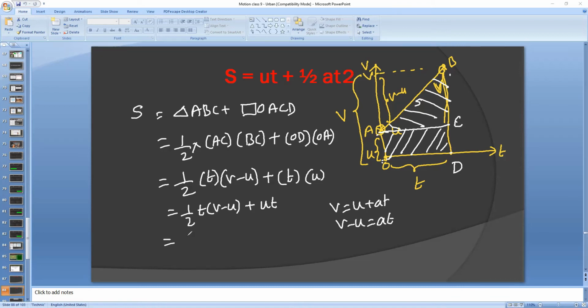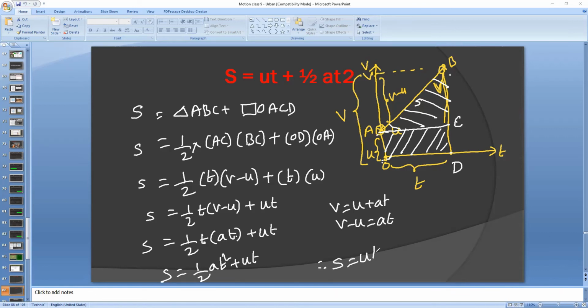Substitute in place of v − u: ½ × t × at + ut. So s = ½at² + ut. Therefore, s = ut + ½at². This is the way we can derive s = ut + ½at².